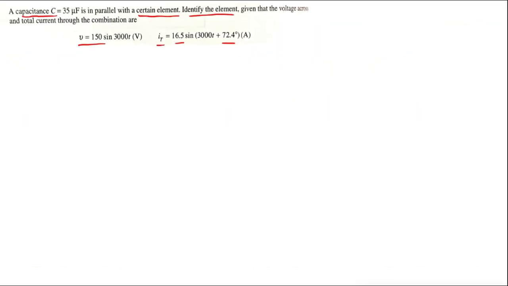Okay, so we are again to get the value of this element and what kind of element this is. So let us try to figure it out.